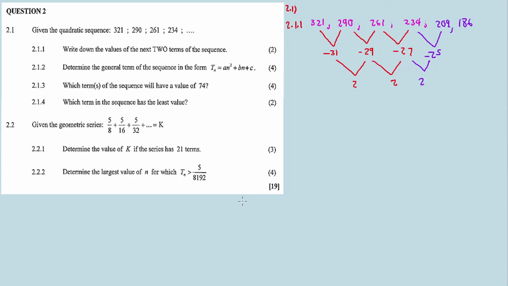2.1.2, we want to find the general term of the sequence in the form Tn equals an squared plus bn plus c. Now the general term for a quadratic sequence is found by using the first branch.